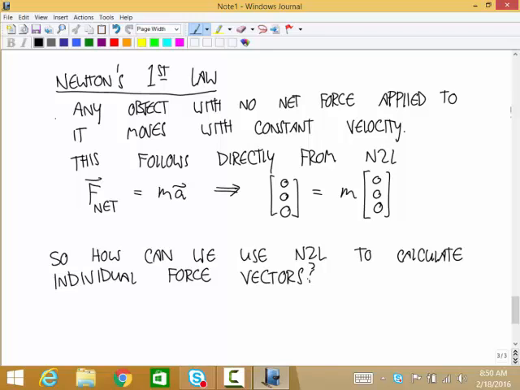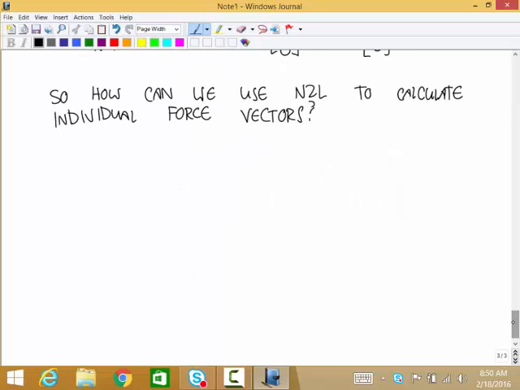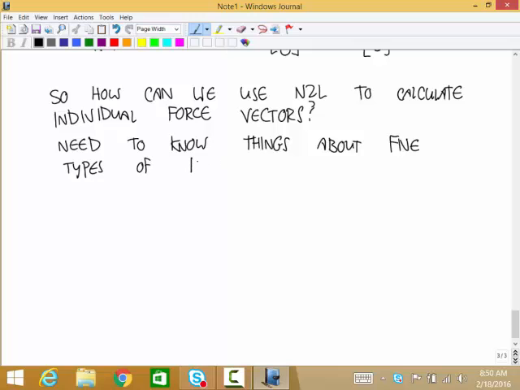In order to do this, we have to know some things about different kinds of forces that are applied. So now I'm going to talk about the five types of individual forces that we're going to deal with. These are the five types we're going to use for this class.